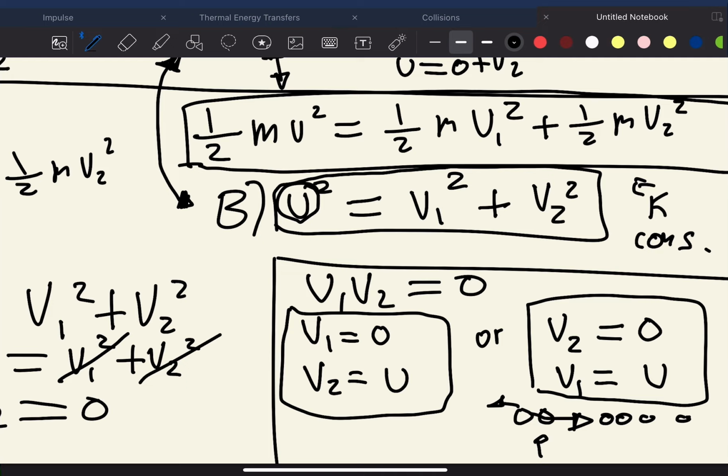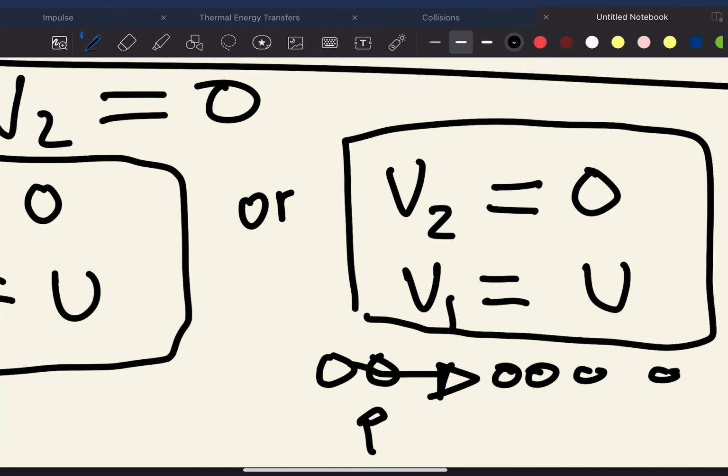But if it bounces back, then I would have gotten something like negative u here, and that is not the case. So what this answer suggests is that the second object stayed the same while the first one continued moving to the right, which of course is not possible because this ball cannot pass through the other without bouncing back or sticking or something. That could never happen. Not possible.